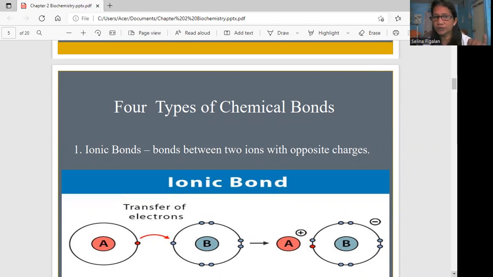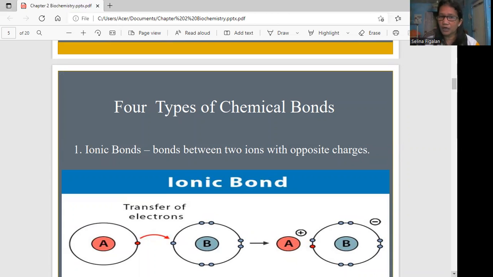Okay, so the first one here is your ionic bonds. As we all knew, when you say ionic bonds, it has a metal and a non-metal, the positive and the negative charges. For example, in the case of sodium chloride, your sodium has a positive charge and your chlorine has a negative charge.